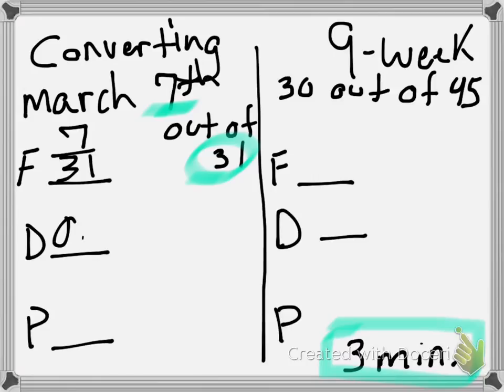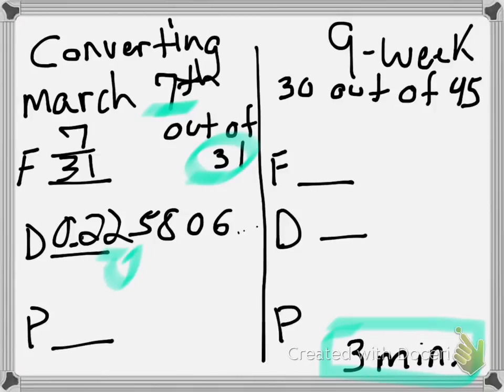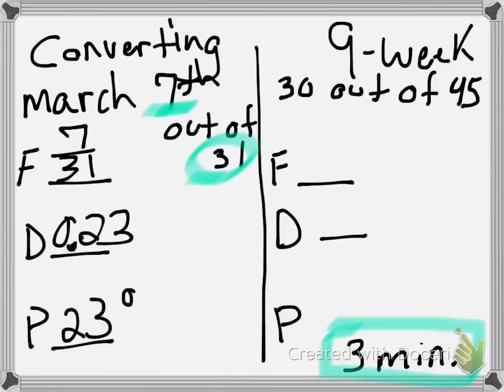It says 0.225806... Okay, instead of writing this whole thing out, I'm just going to go 2 spots behind the decimal, which will be right here, and I'm going to look at the number after it. That is a 5, so 5 or more, add 1 more, so it's going to become 0.23 instead, which when you move that once, twice, becomes 23%.